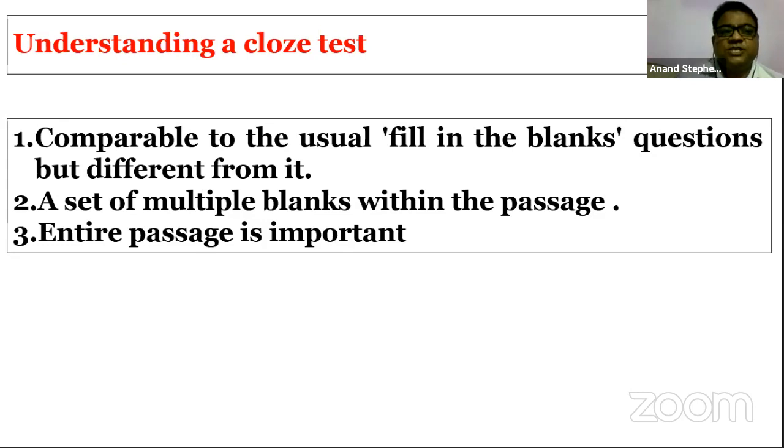Here the situation is different. Here you have to understand the entire passage. Then you have to decide which word or expression or phrase is appropriate in the blank. A set of multiple blanks within the passage are given to you. The entire passage is important.